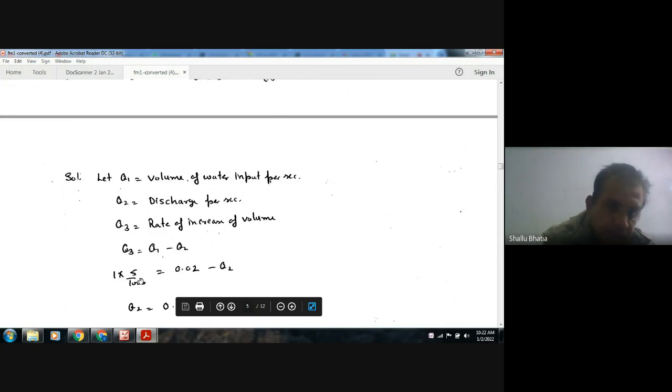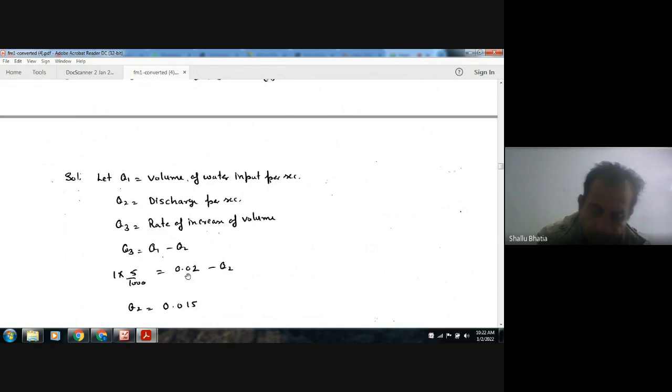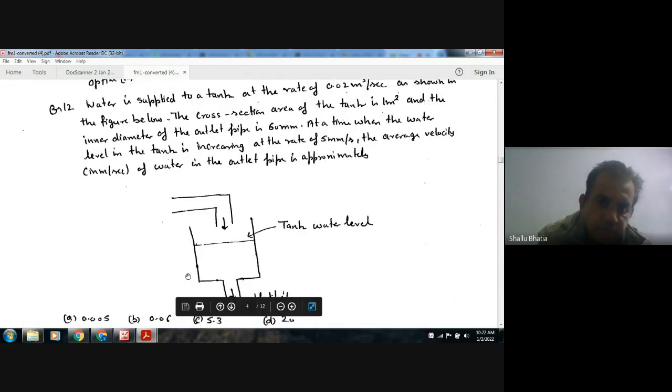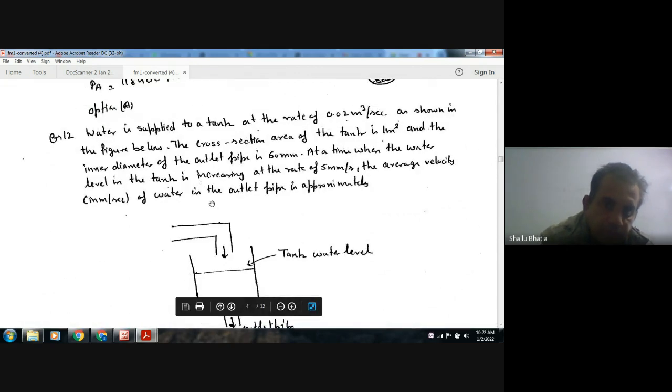Here Q1 is 0.02. Q1 is the water supplied, at a rate of 0.02 meter cube per second.